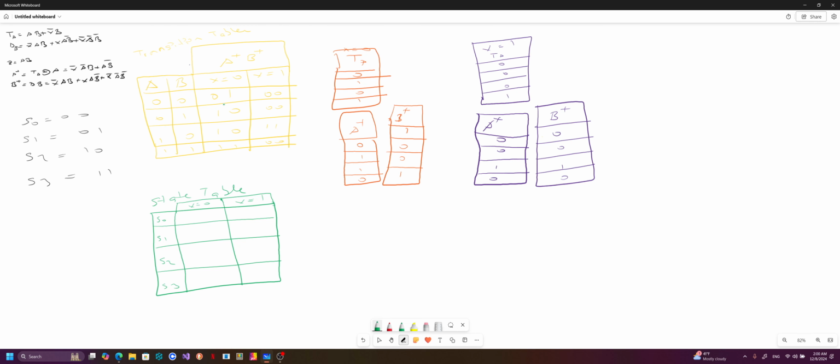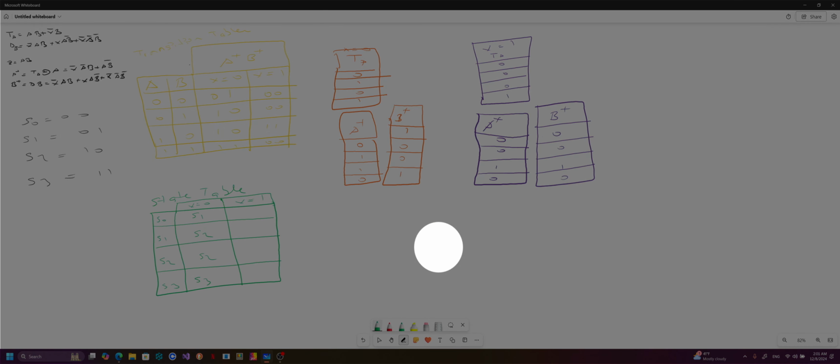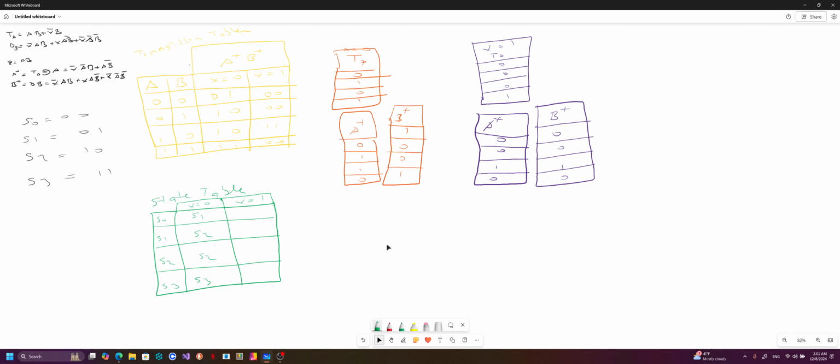So these are the values for x equals 0, and these are the values for x equals 1. 0, 1 goes to S1. 1, 0 goes to S2. 1, 0 equals S2. 1, 1 equals S3. And so on. S3, right?